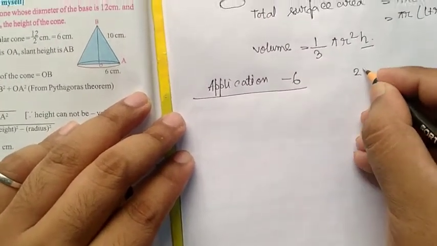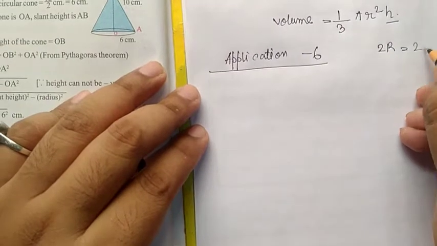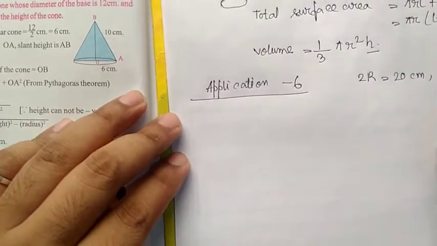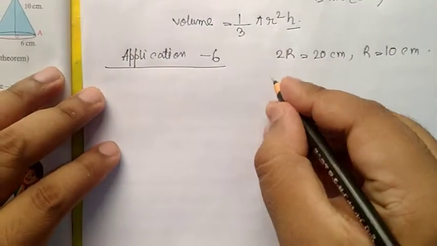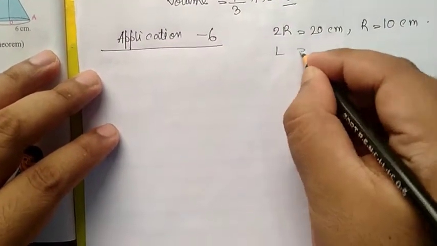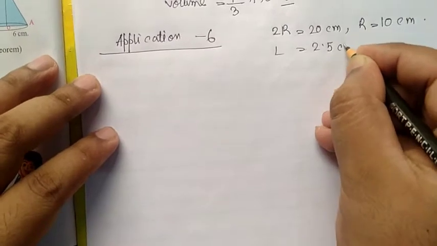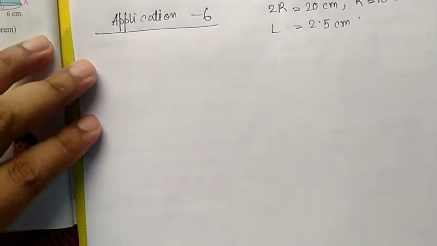Diameter means 2r is given as 20 centimeter. So r equal to 10 centimeter. Slant height is given as L equal to 2.5 centimeter. We have to find the total surface area.